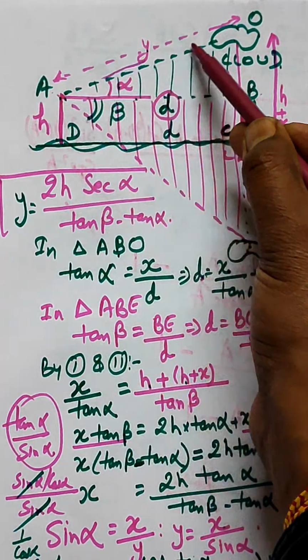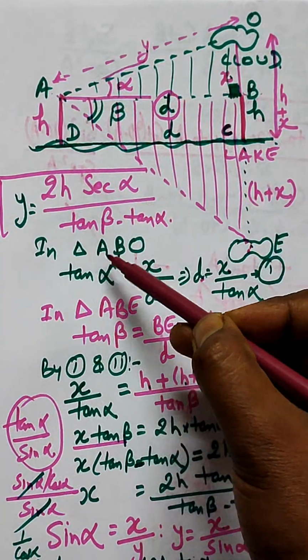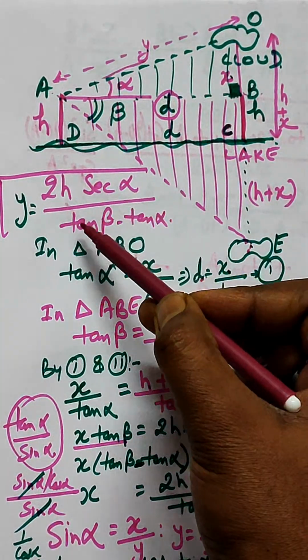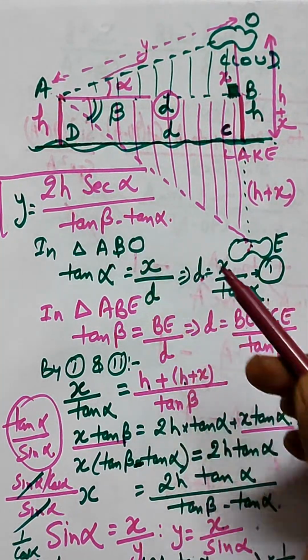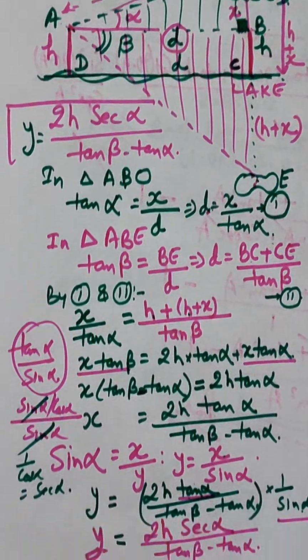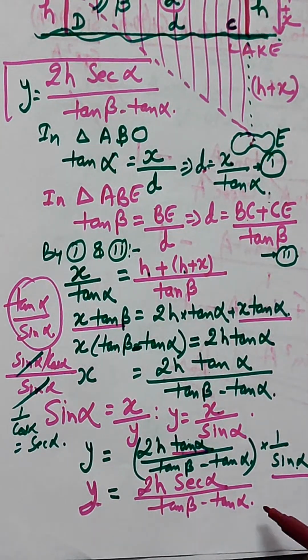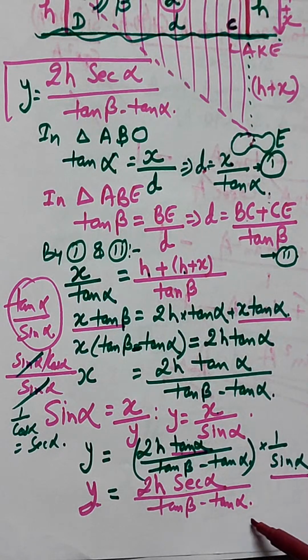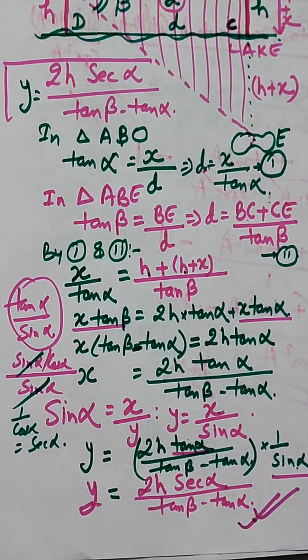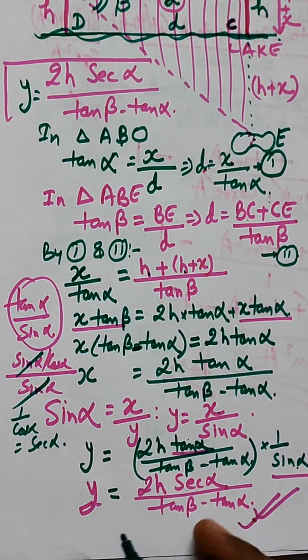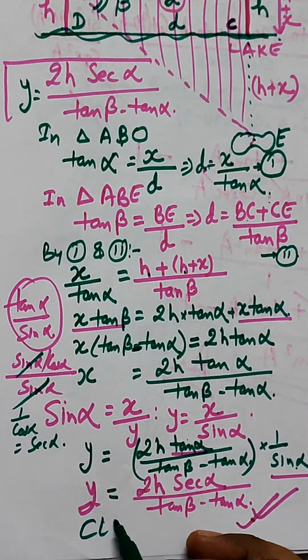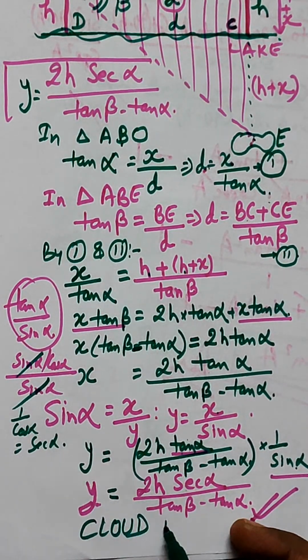So we have derived y as 2h sec alpha by tan beta minus tan alpha. I hope you followed the steps. So here we have derived it, right? So this is the cloud distance. I am writing it: this is the cloud distance.